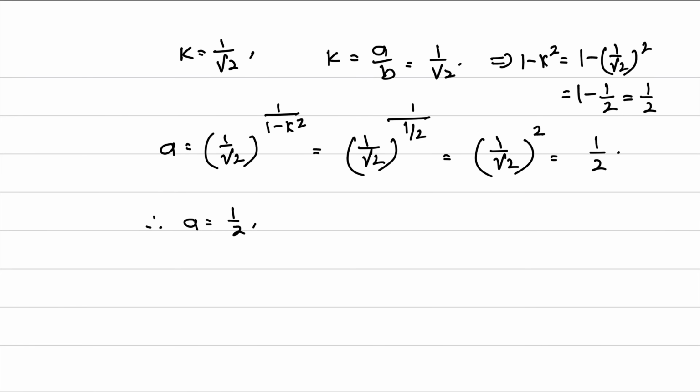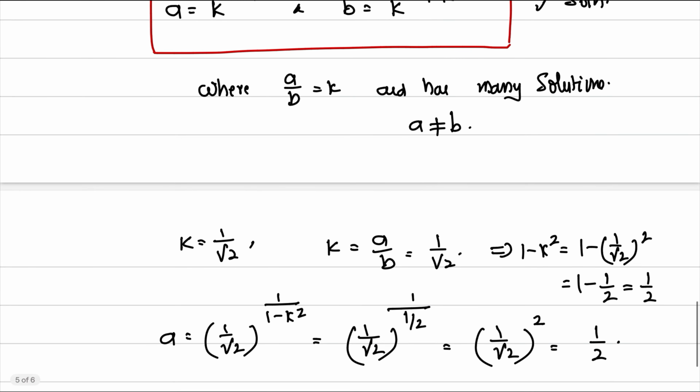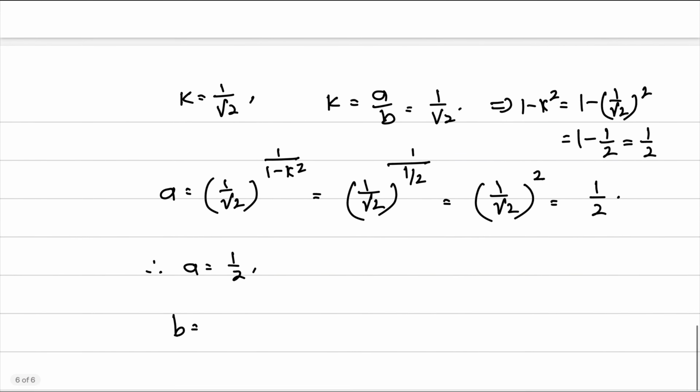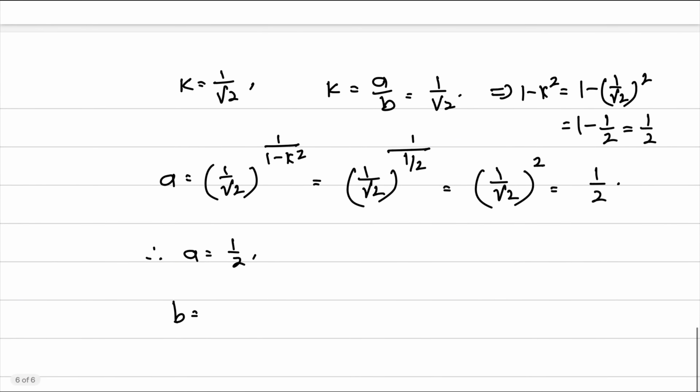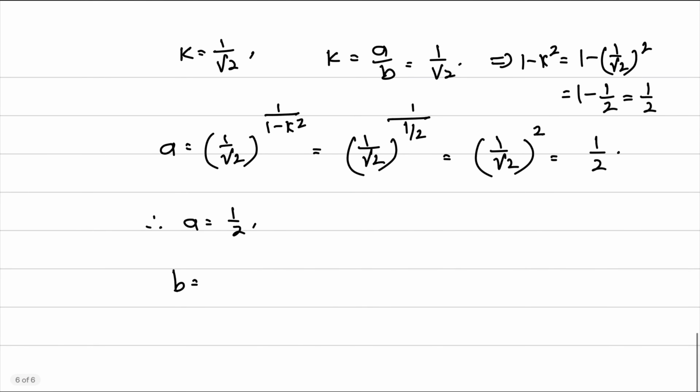Now, what is the value of b? Whether we get the same value or not, let us see. b is equal to a by k. What is a? 1 by 2, divided by what is k? 1 by root 2.